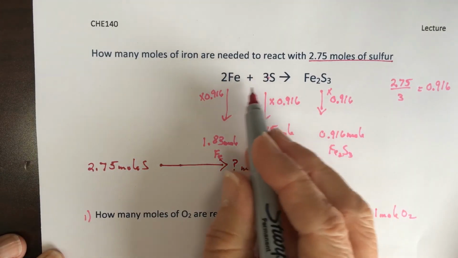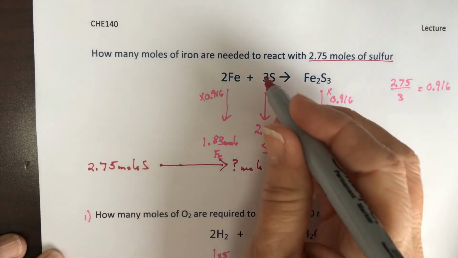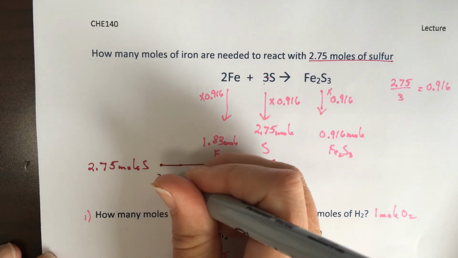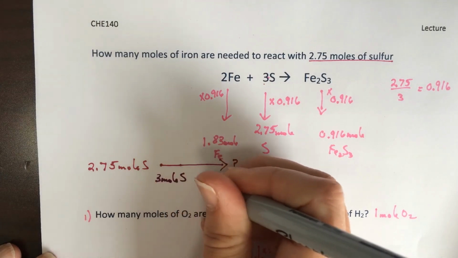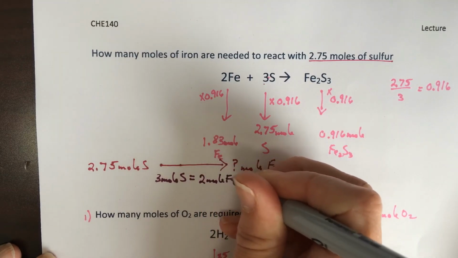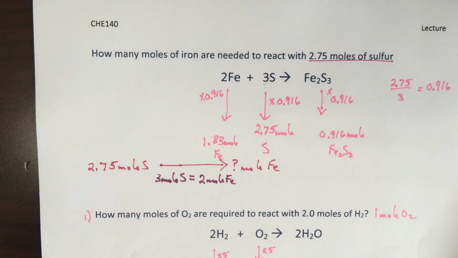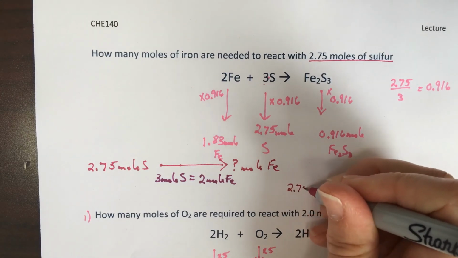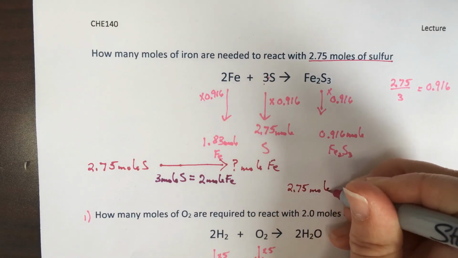Okay, we can look up here at our balanced equation and see that 3 moles of sulfur will combine with 2 moles of iron. So now we're ready to write our problem. We'll write 2.75 moles of sulfur.